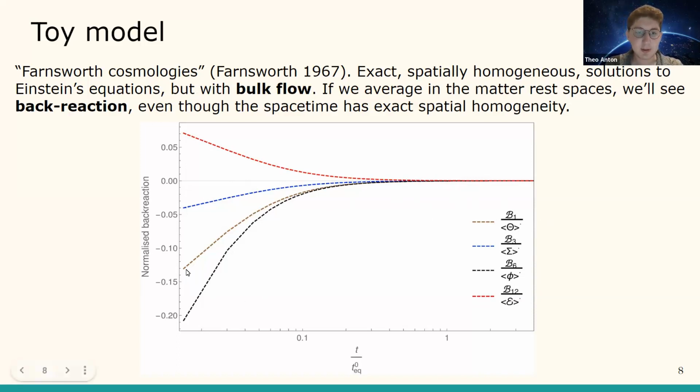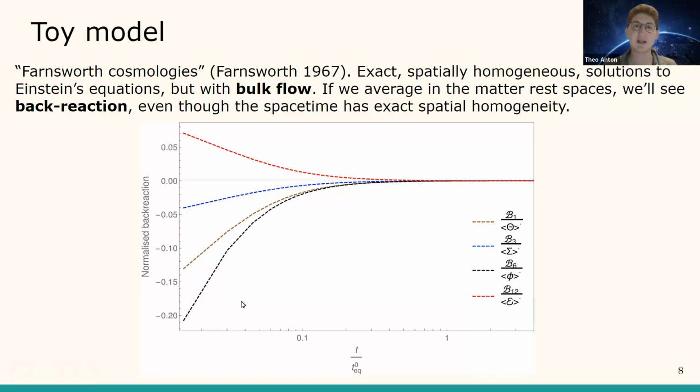So if you look at, for example, the back reaction on the expansion rate, which is this brown curve, you can see that it starts, in this case of the parameters of this toy model, with quite a large back reaction of, say, around 10%, but then quickly decays to 0 at late times. And that's because, in this case, the only inhomogeneity is coming from this bulk flow.